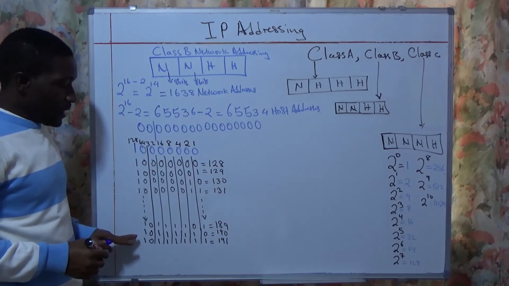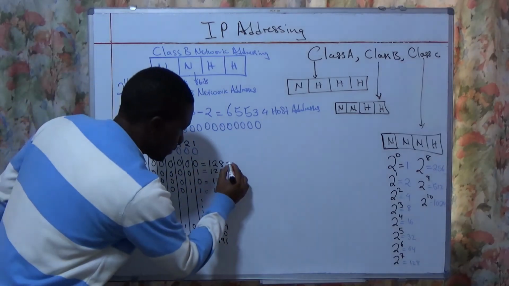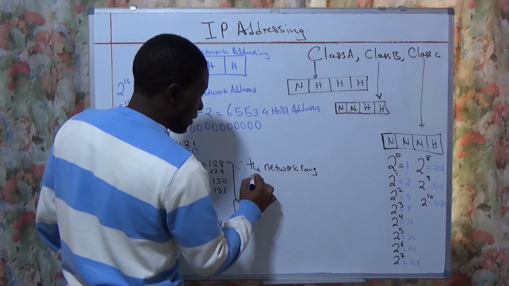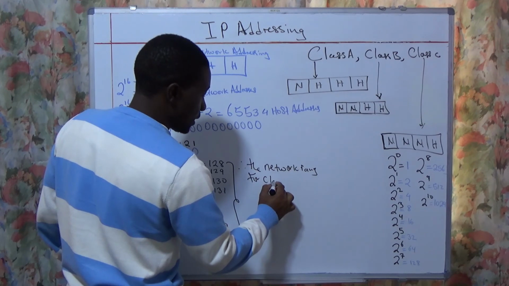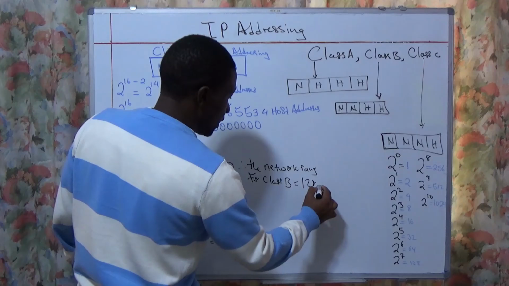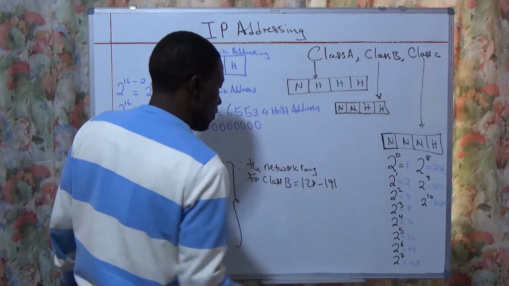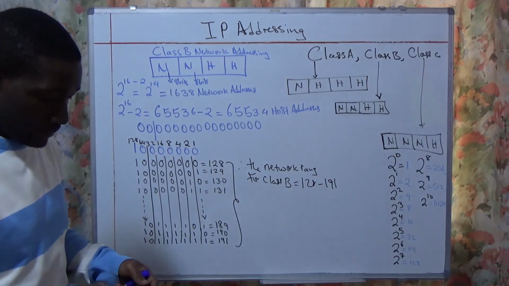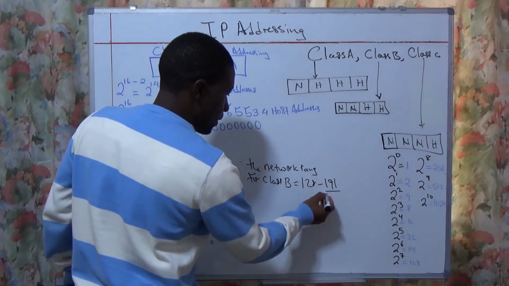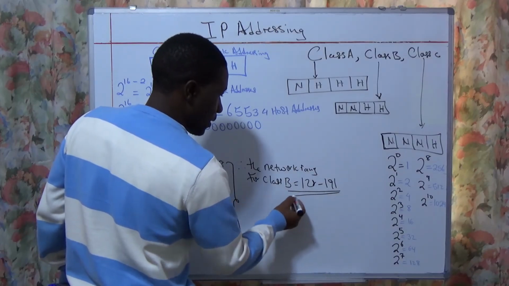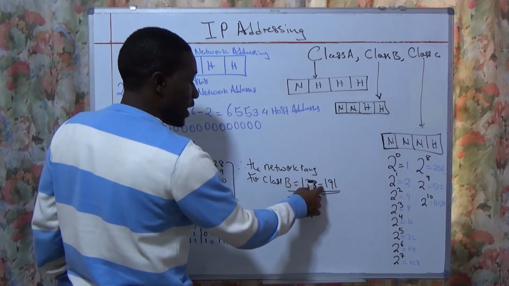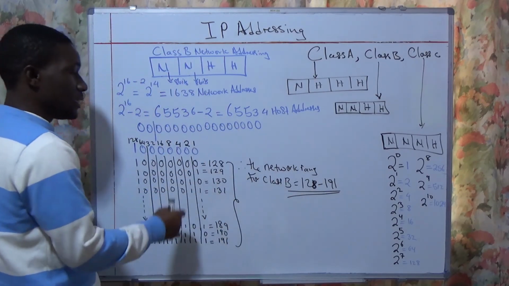Therefore, the network range for class B equals 128 to 191.